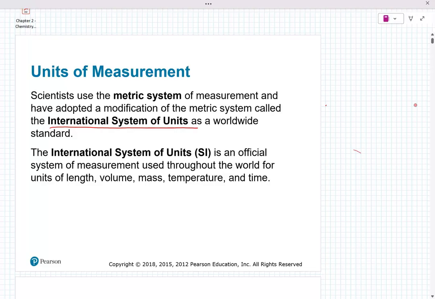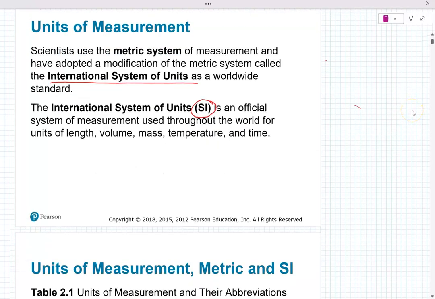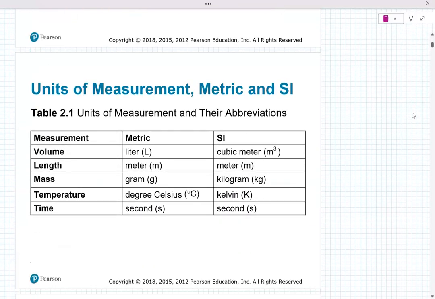Now, what it means is that we have a lot of different metric system units. International system, or SI, because the original language of measurements was French. Okay, so Système International, I suppose. They use very specific units for length, volume, mass, temperature, and time.